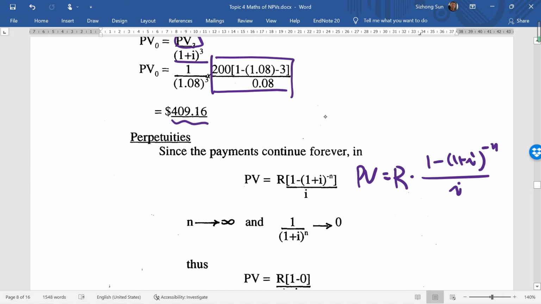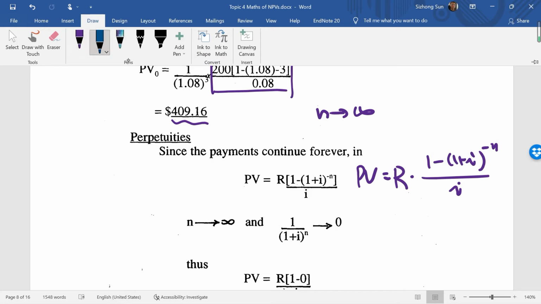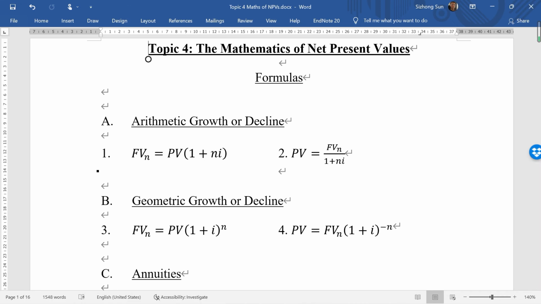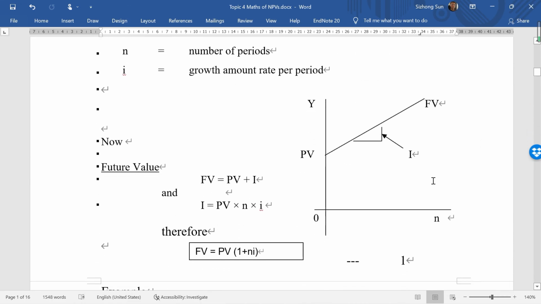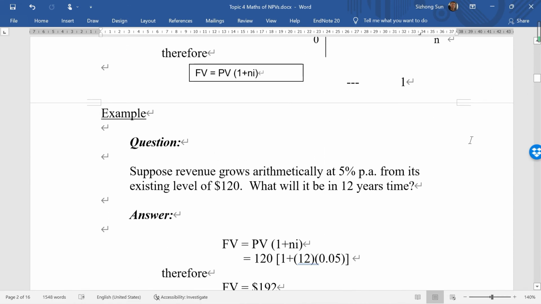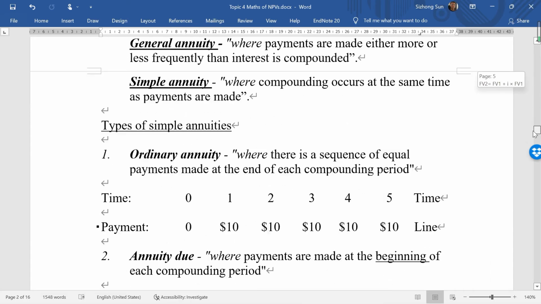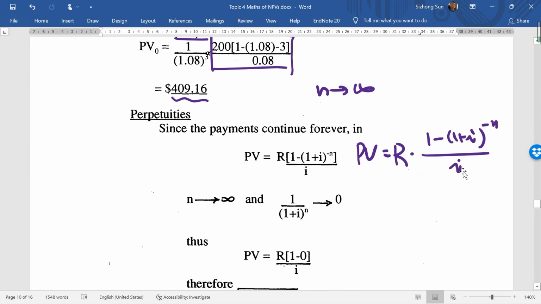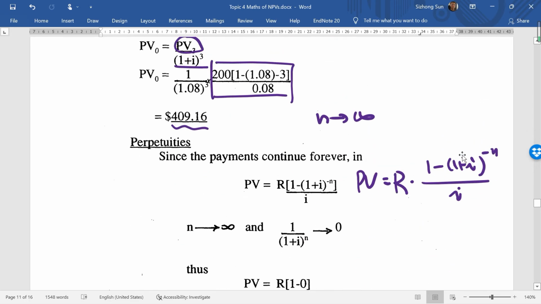Let's see what happens if n approaches infinity. This part does not depend on n, but this part depends on n, right?